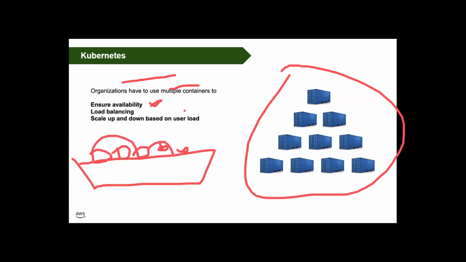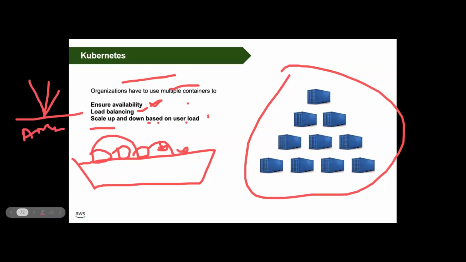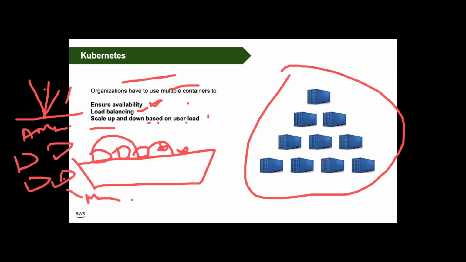It will ensure everything is available. It will balance the workload, scale up and scale down based on the user load. As I told you, when more customers are visiting your website, let us take Amazon, it will increase the containers by itself to manage the workload. If fewer customers are coming, it will remove those containers by itself.